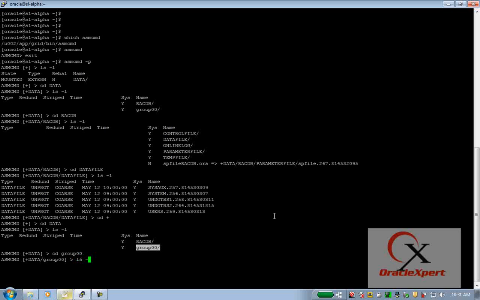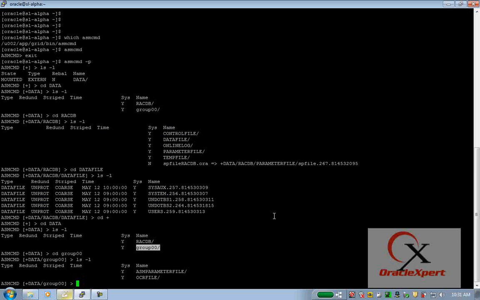Remember, the cluster also stores its voting disk, ASM instance parameter file, and Oracle Cluster Registry on the ASM disk group. Although you can see all the other files, you cannot see the voting disk. The voting disk is pretty much there, but there is no way you can list it. It is there, but you cannot see it.